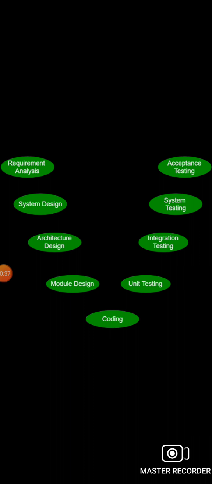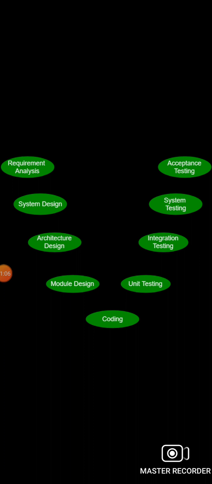The V model is an SDLC model where the execution of processes happens in a sequential manner in a V shape. It is also known as the verification and validation model. The V model is an extension of the waterfall model and is based on associating a testing phase with each corresponding development stage.